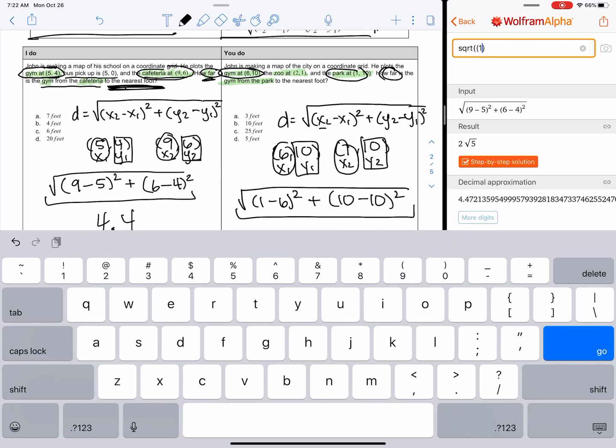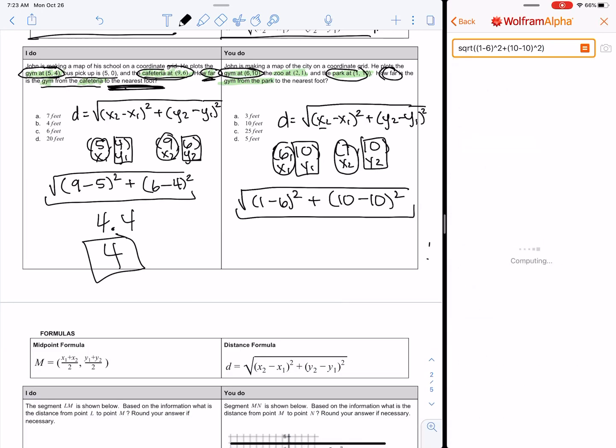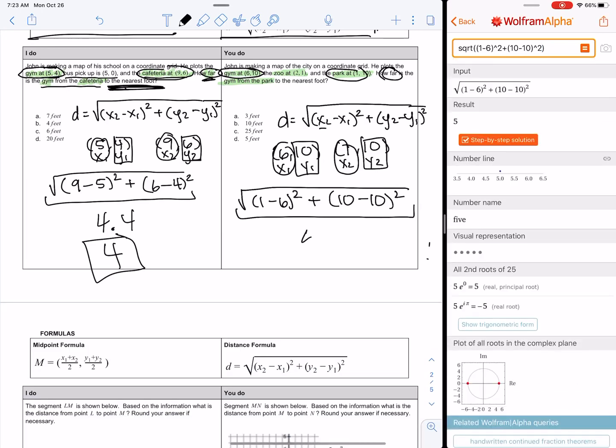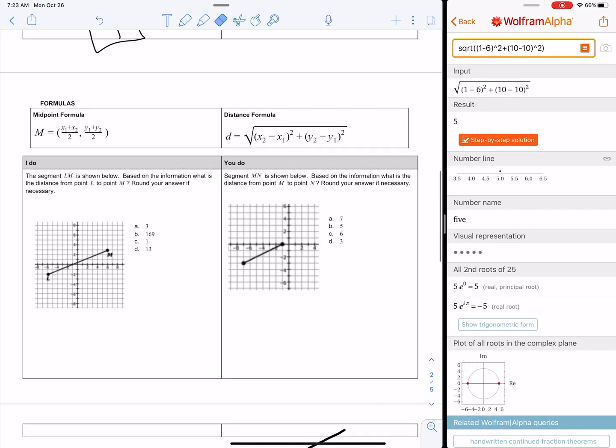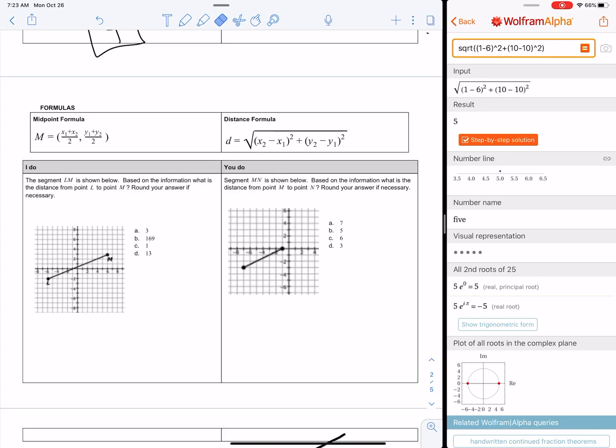Parentheses first. 1 minus 6, parentheses, squared, plus 10 minus 10, parentheses, squared, enter, and it's 5. My answer is right there, 5. So, if I go over here, same thing, okay?